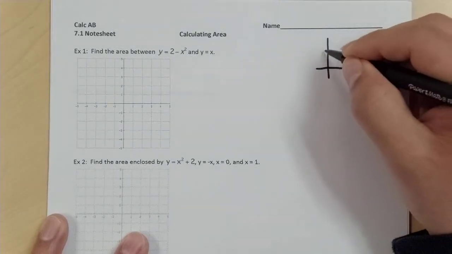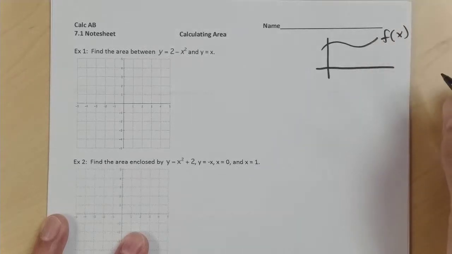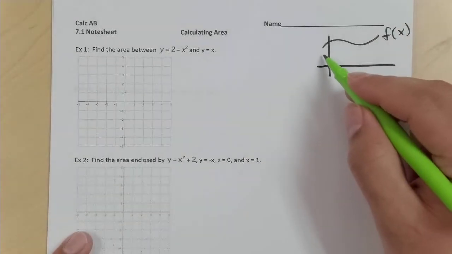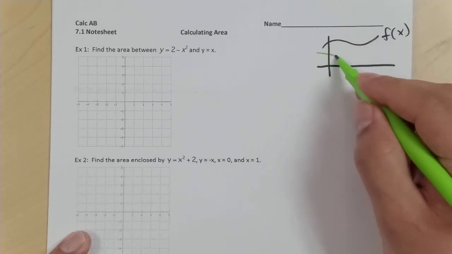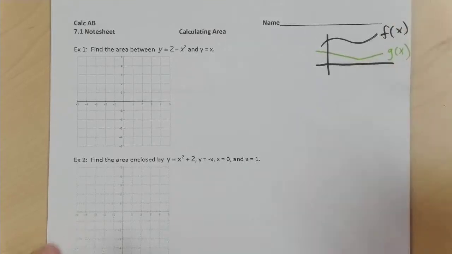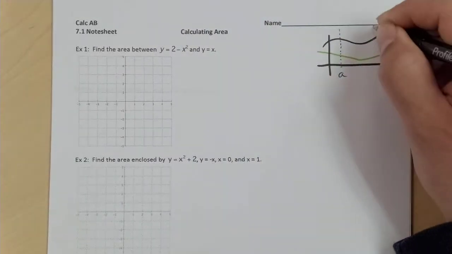Let's say I have two curves. Let's say f of x looks something like that. And let's say down here, I have something else. Let's say this is g of x. And let's say that I have a clear left boundary and a clear right boundary.